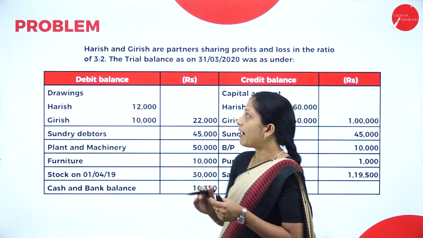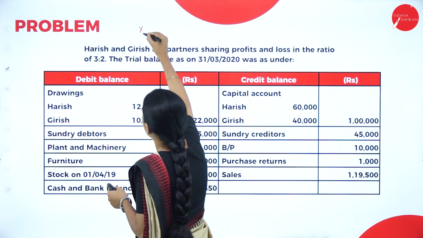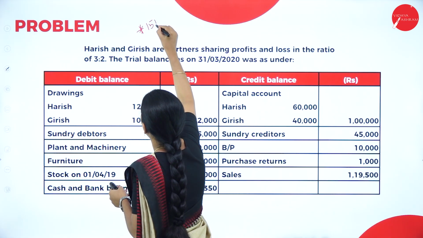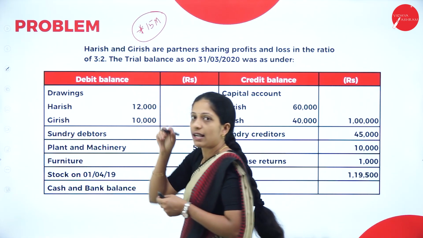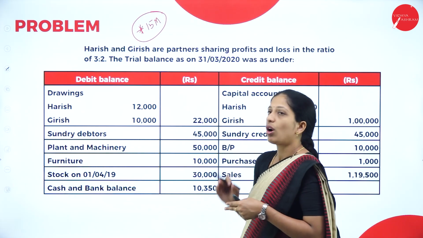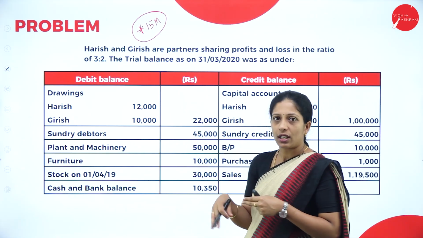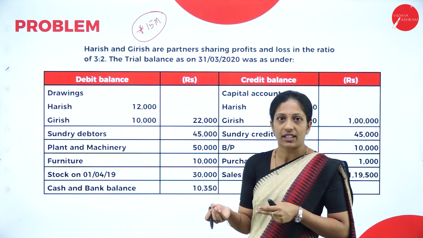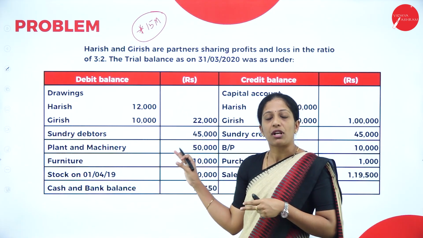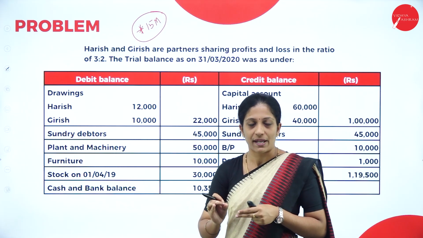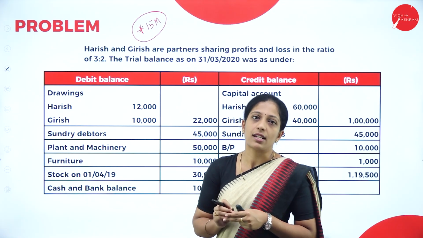So this is what you have to prepare for 15 marks, and this is one of the question paper problems which comes for 15 marks under Part C. Now let us quickly solve the problem. So let us see what the question is all about, what they have given. Normally they'll give you the trial balance as well as a few adjustments, where we have to prepare the necessary accounts.